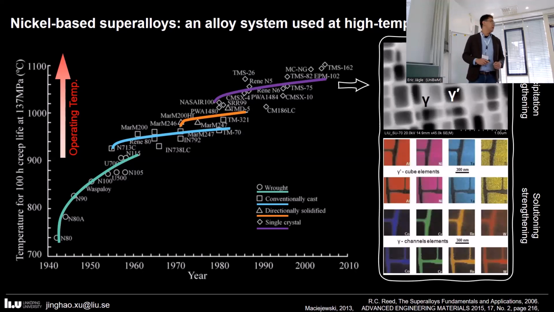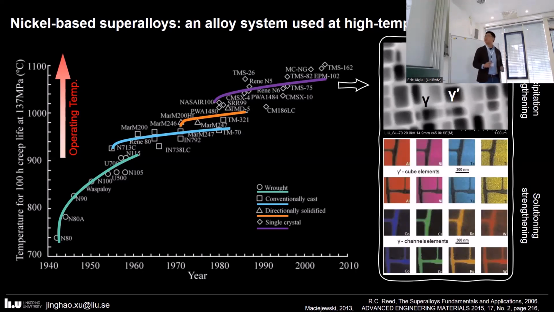From the physical metallurgy perspective, there are two major sources of high-temperature strengthening for these materials. The first one is precipitation strengthening in the operating state. In modern superalloys, there is around 60 to 70% of the gamma prime phase, which is an intermetallic L12 phase. Another way is solution strengthening.